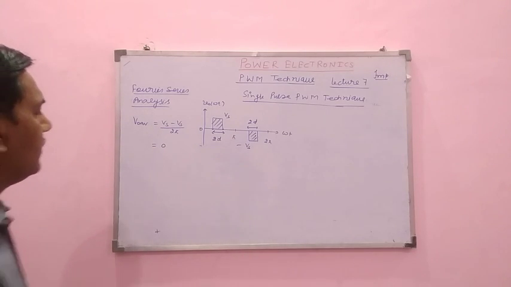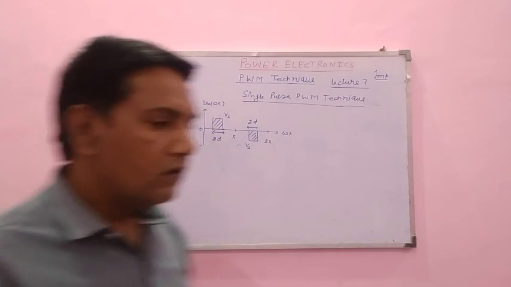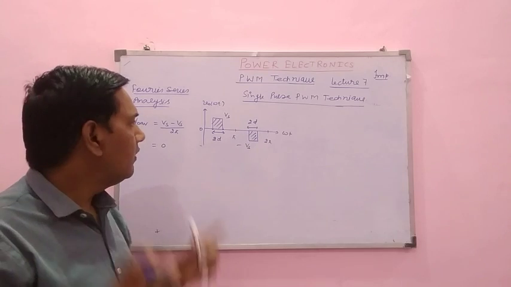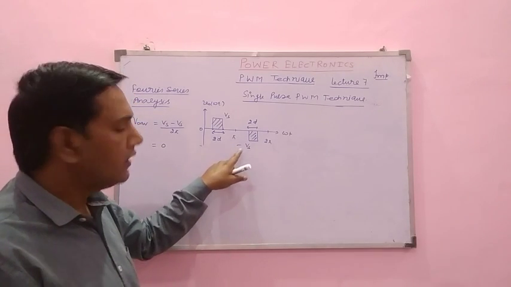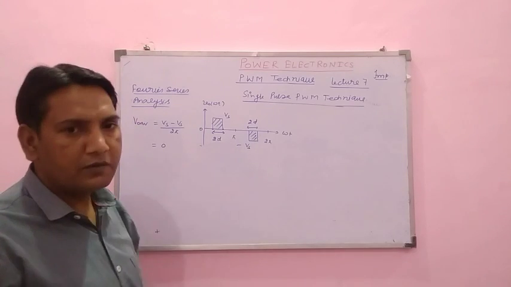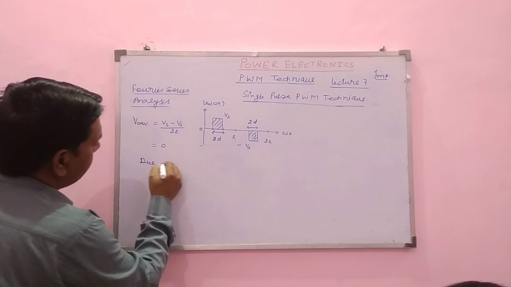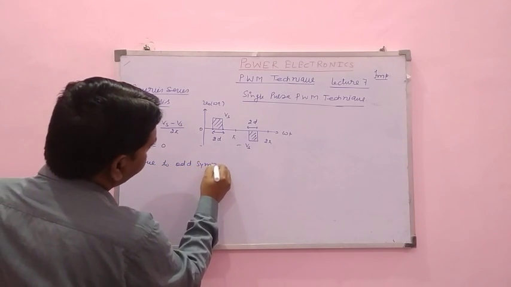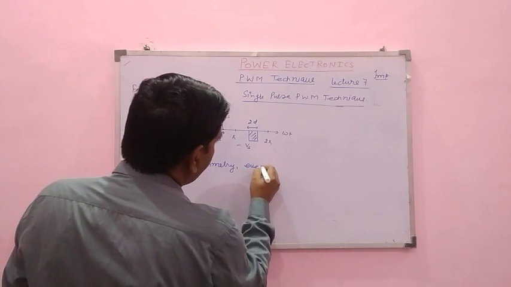Okay. Now because this waveform has the odd symmetry, इसलिए जो हमारे odd हार्मोनिक्स होंगे केवल वही प्रेजेंट होंगे, इवन हार्मोनिक्स हमारे absent होंगे. So due to odd symmetry, the even harmonics are absent.